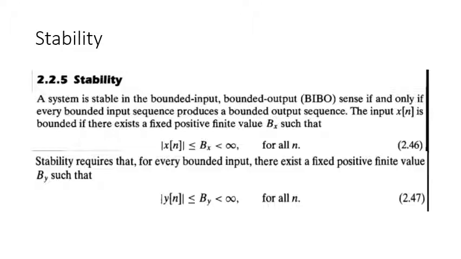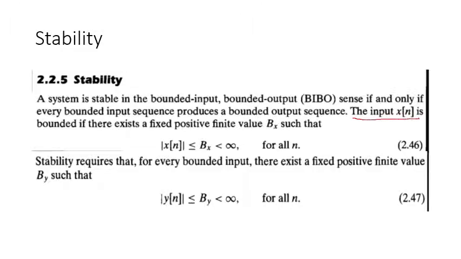Let me repeat it one more time. If we have an input of 5 volts and we pass it through a squarer system, the output cannot go beyond 25. So if the input is finite, the output must be finite. This is what a stable system is.